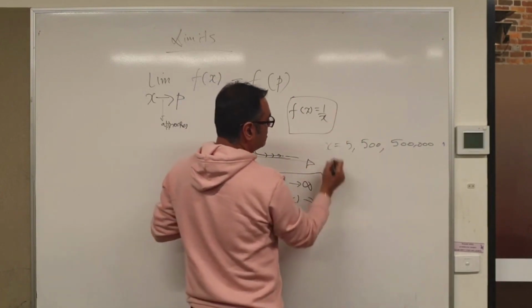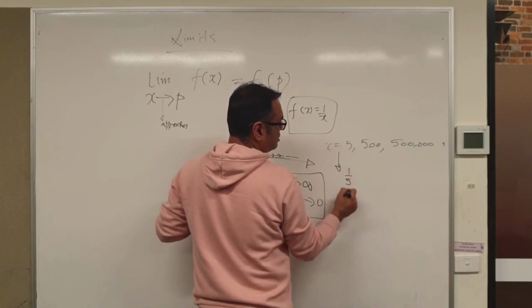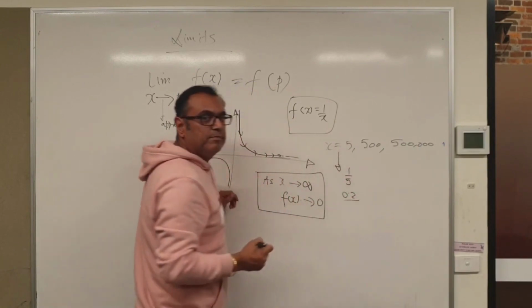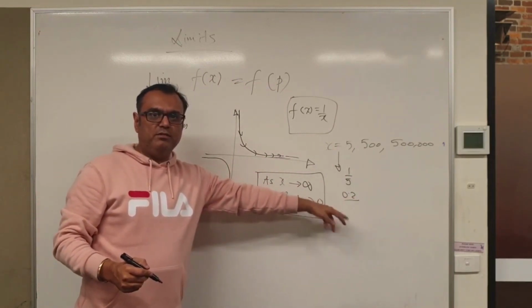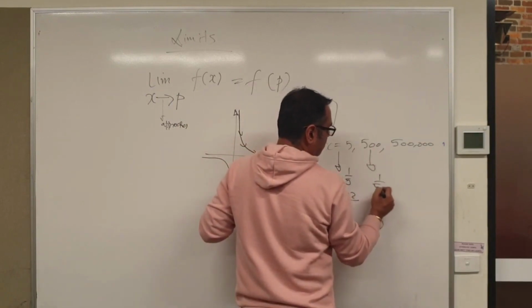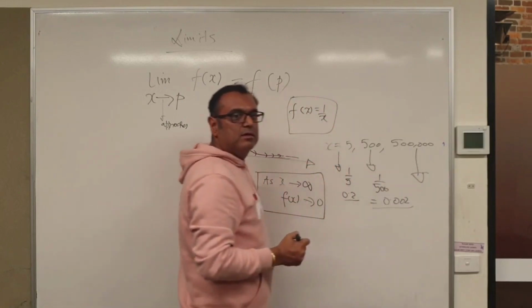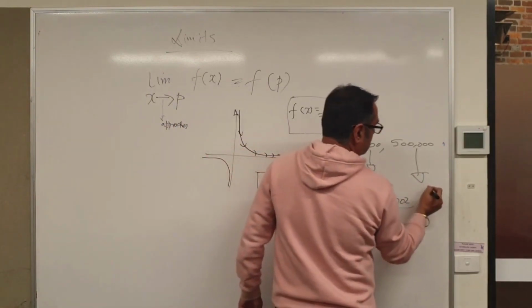What is f of x when x equals 5? 1 over 5, which is 0.2. Starting to get close to 0, right? What's here? 1 over 500.